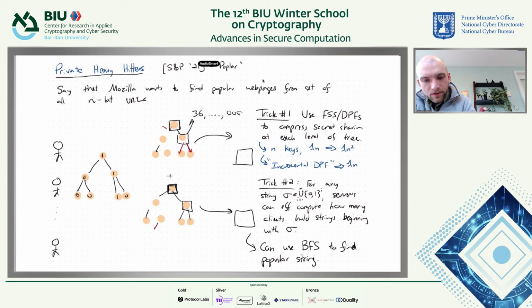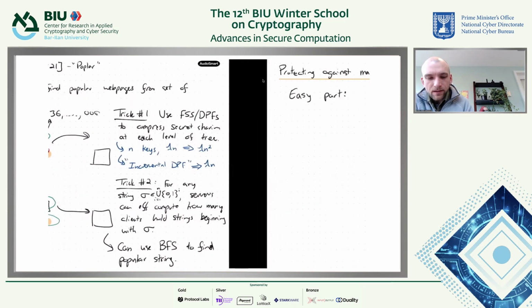To test this, the servers can just use the same sketching that we talked about in part 1, where for each layer in the tree, going from top to bottom, the servers use this sketching protocol to check that each client's submission has at most a single 1. So it's all zeros except for a single 1. And this holds all the way down the tree. If the client is being honest, it should only be voting for one prefix at each level of the tree.